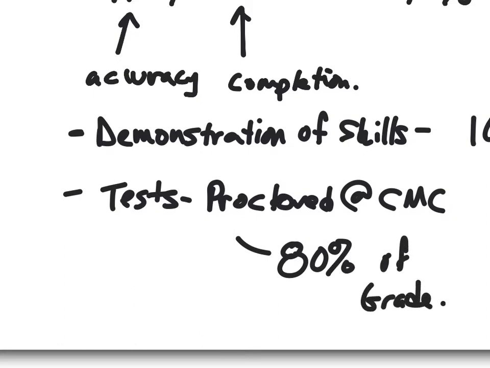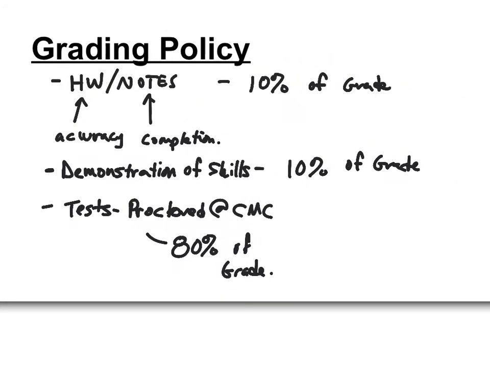The reason we make the test so much of your grade, guys, is because we want to know that you know the material, that you can sit down, answer questions, and write them out. That's why the homework accuracy portion is only 10% of your grade.